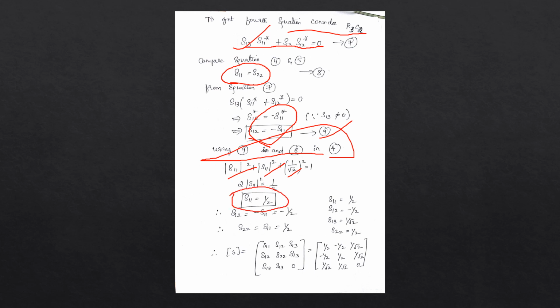We have known that S12 is equal to minus S11, so S12 value will be minus 1 by 2. So we know the S11 value, S12 value, S13 value, and S22 value are also known. Hence, these values will be substituted in the matrix S.